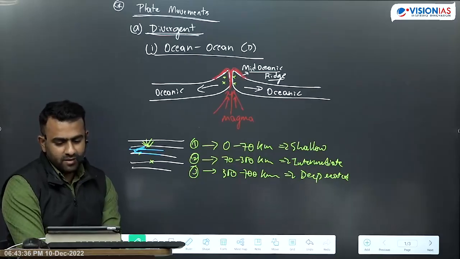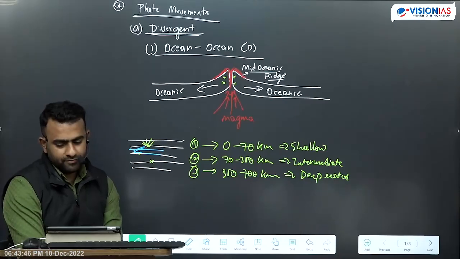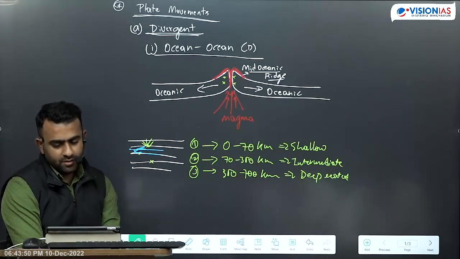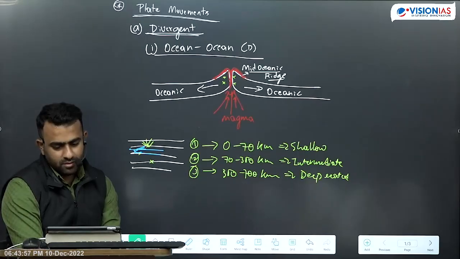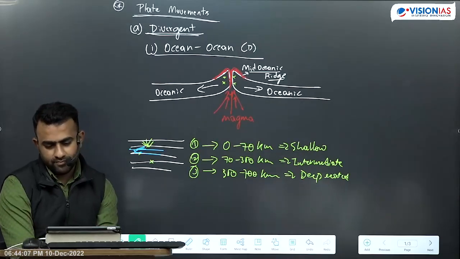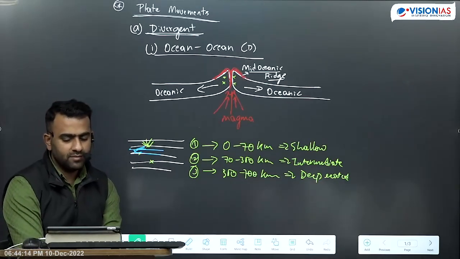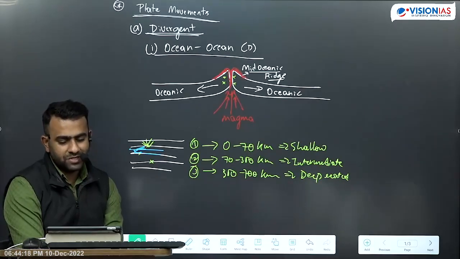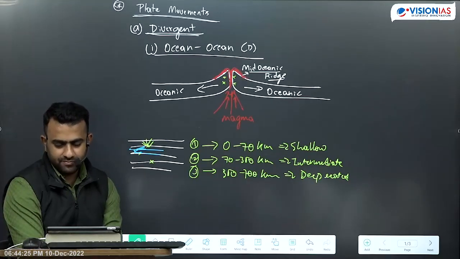It is a type of plate boundary where two oceanic plate margins are moving apart in opposite directions. Next point.